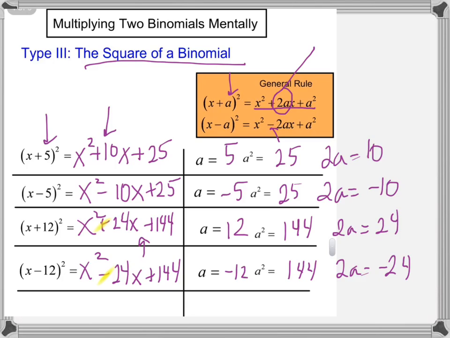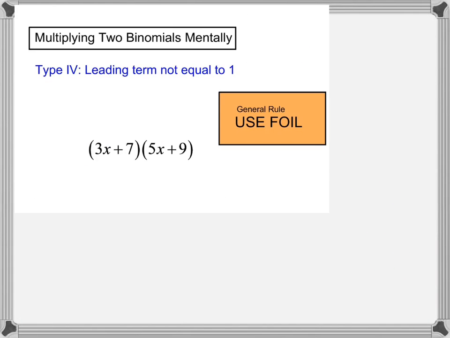Okay, so that covers type 3, which is the square of a binomial. Remember, we're just trying to figure out which are the binomials we can multiply mentally. Then we get to type 4, which is when the leading term is not 1, or rather, it shouldn't be called the leading term, it's the coefficient of the variable term.